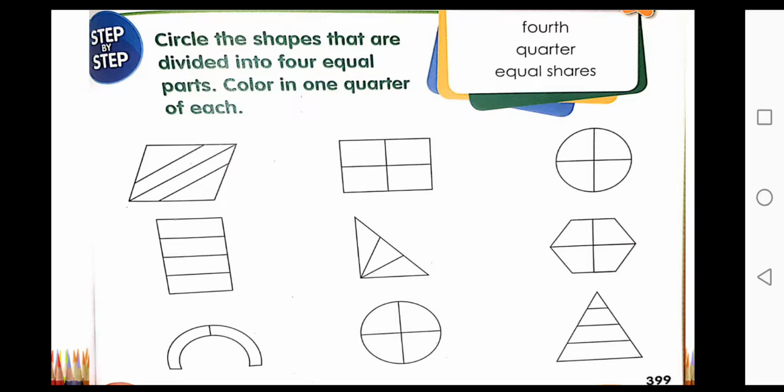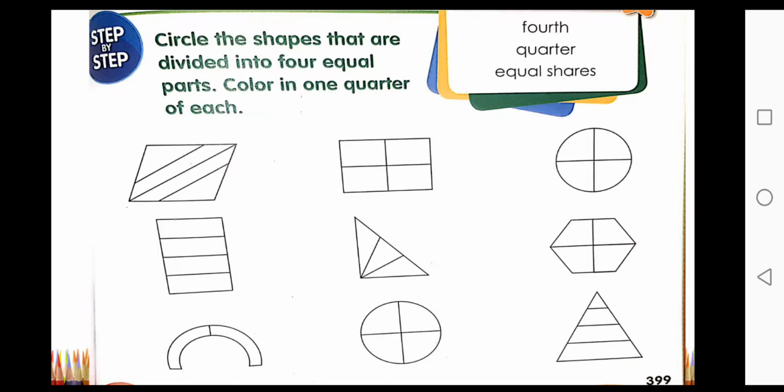Now let's look at the first shape. Yes, the first shape is divided into 4 parts, but are they equal? No, they are not. So I am not going to circle the first shape.